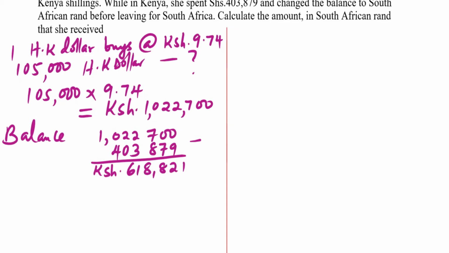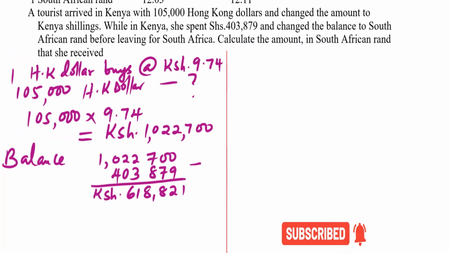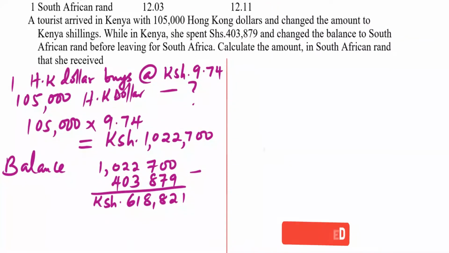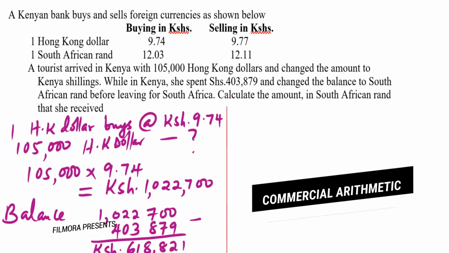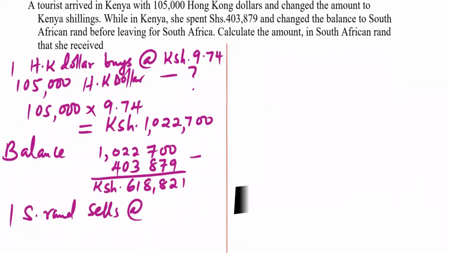Then from there, she changed the balance to South African rand before leaving for South Africa. Now we're supposed to calculate the amount in South African rand that she received. So this balance of 618,821, she converted it to South African rand. From the table of conversion, 1 South African rand sells at Kenyan shillings 12.11.